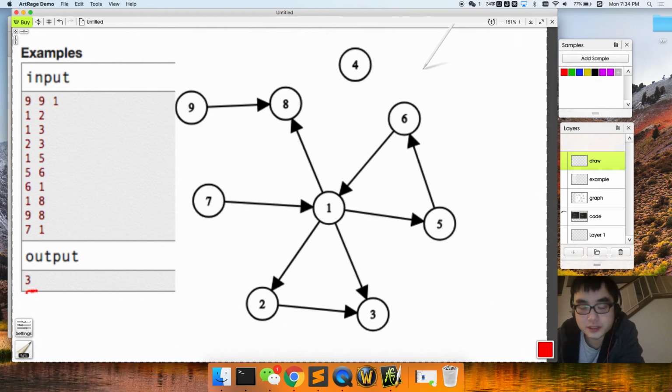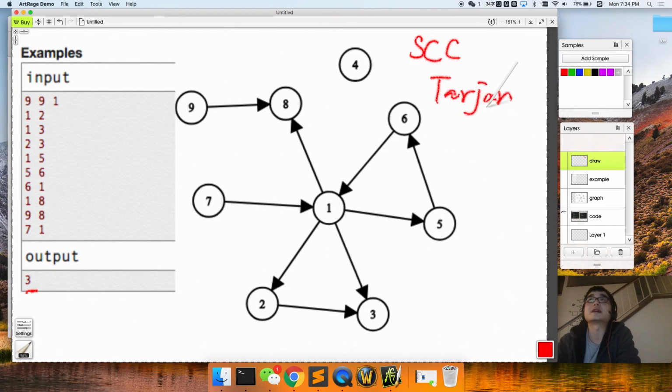We need to introduce an algorithm here whose name is Tarjan, right? The algorithm's name is Tarjan's Algorithm, right?